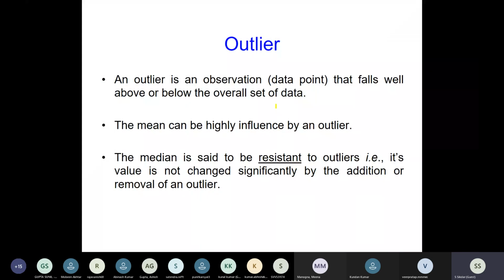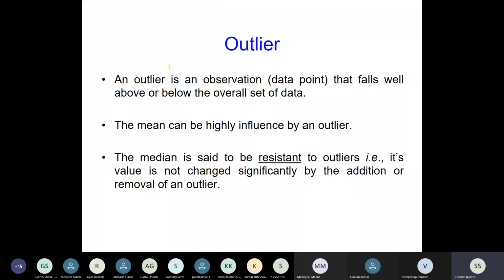Then they influence your main target. Maybe you are trying to calculate the mean value. The mean value will be influenced, because if there is an outlier of a larger value, it will drag the mean value to a very high value.